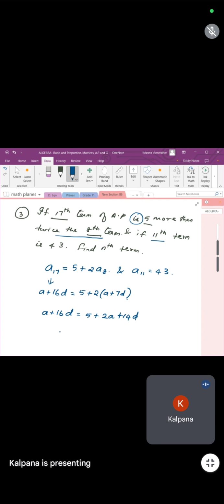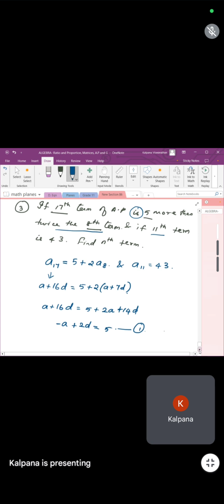Minus a plus 2d equals 5, isn't it? This is the first equation.